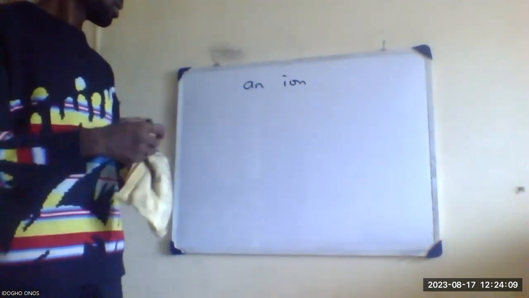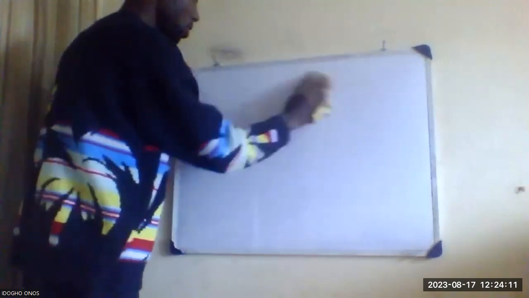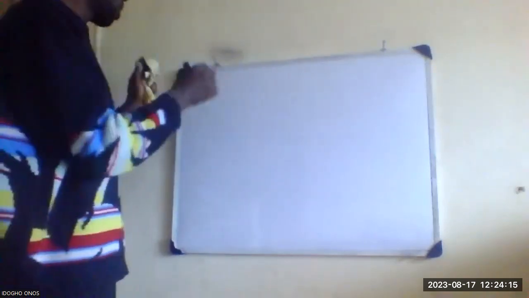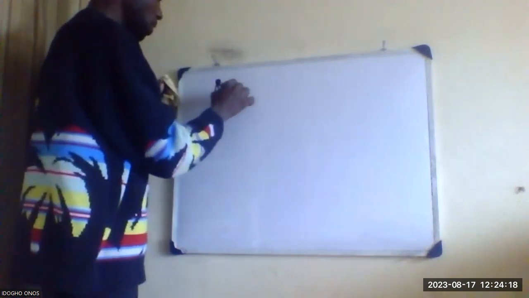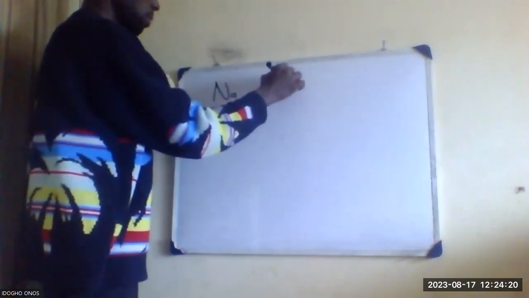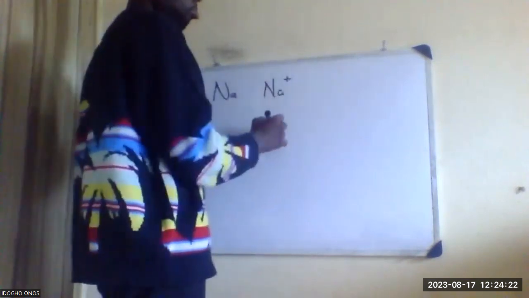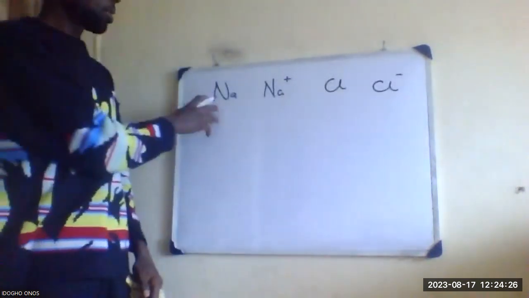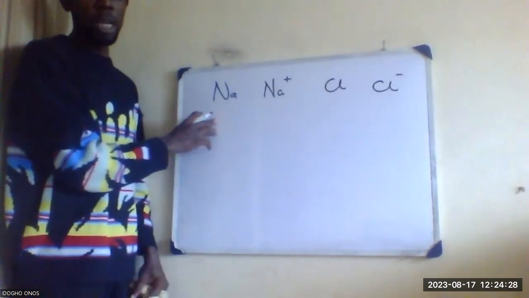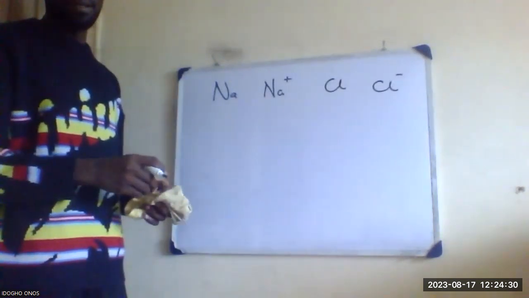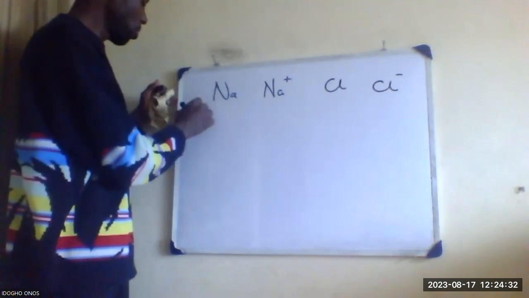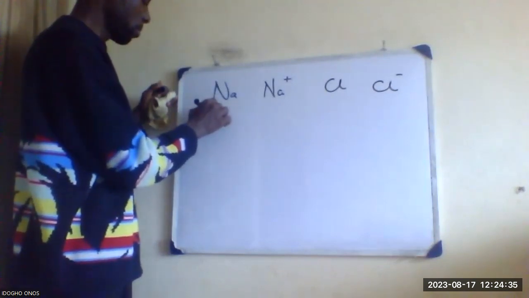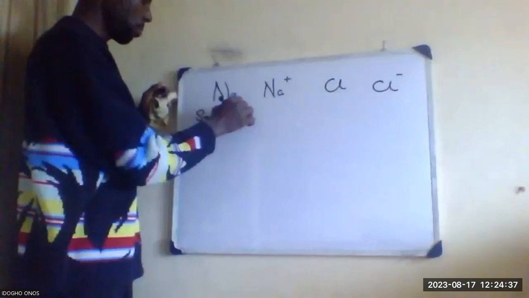So the question now is this. We say loses and gains, so I'm going to put it like this so that you understand the concept. This Na is the symbol of which element? Sodium. So this is called a sodium atom.